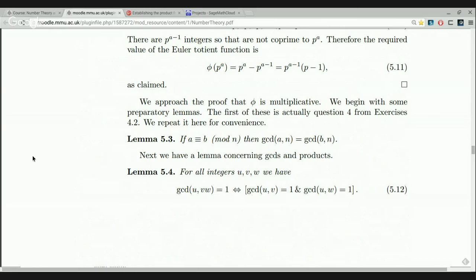Saying two things are co-prime means that their two prime factorizations do not overlap at all. They don't share any common prime factors.